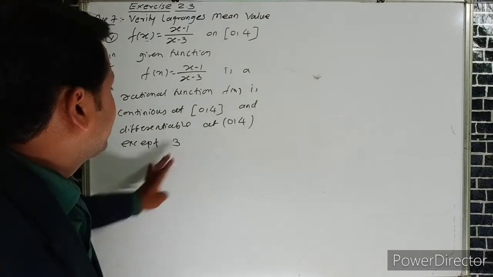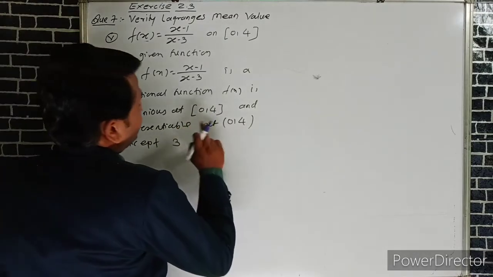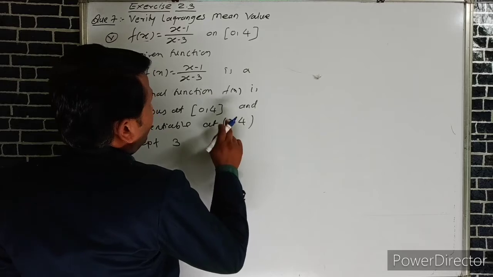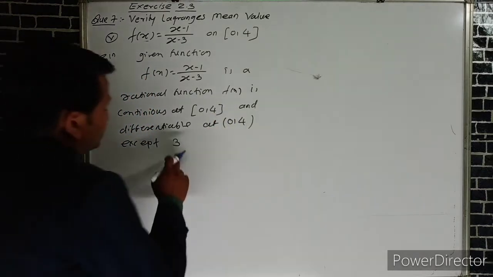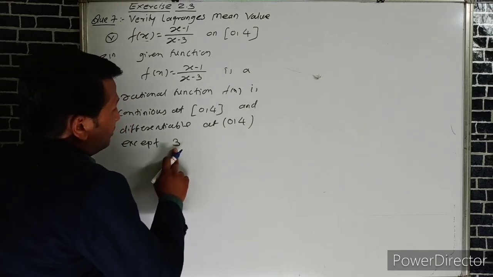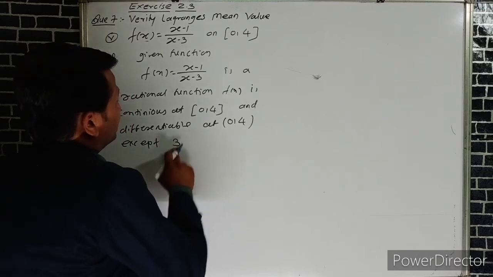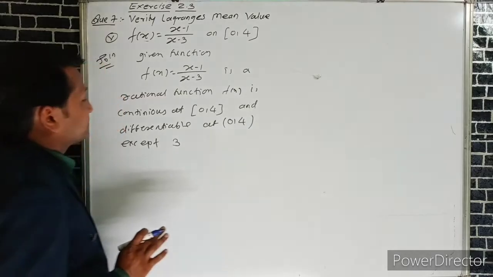Except 3. Here we can't accept the value 3. We can accept the value of c, which is 3, because 3 does not exist in the function.